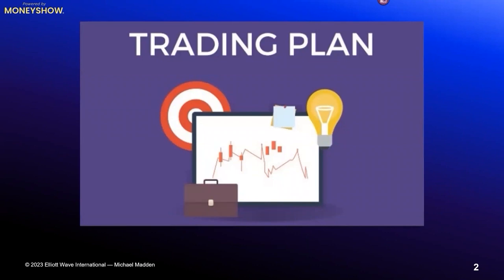So before taking any trades, no matter what your trading methodology, it is highly recommended that you first establish a trading plan. This does not have to be a very complicated task, but it's an important task, and it's extremely important with regard to your trading career or trading in general. Really, the idea is we want to trade with facts, and we don't want to be trading with emotion.